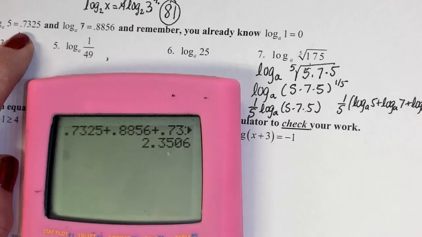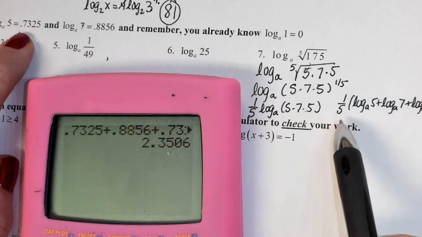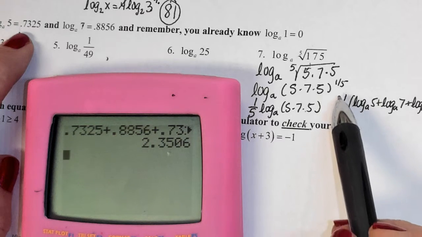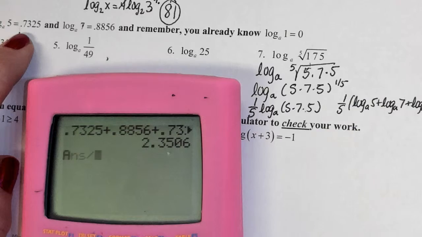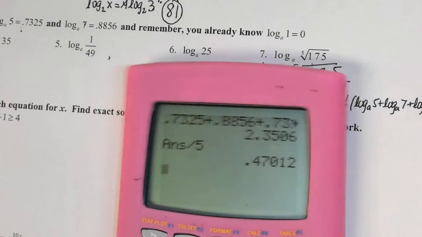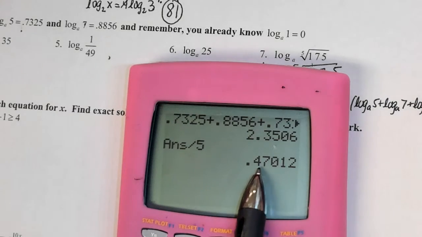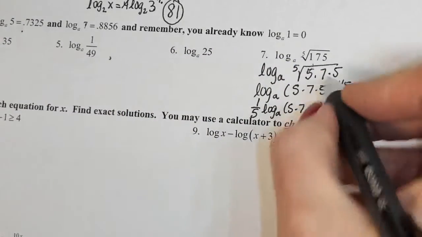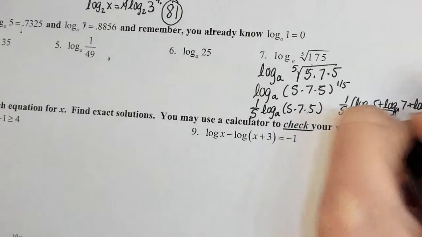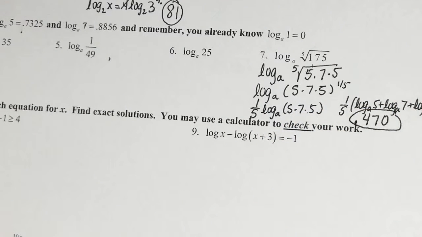I get that answer, and then what am I going to have to do with it? Divided by 5, right? Because it's 1/5 of that. So now I divide by 5, and I get 0.47, and let's round to the nearest 3 decimal places. 1, 2, 3. 0.470. Okay? Questions?